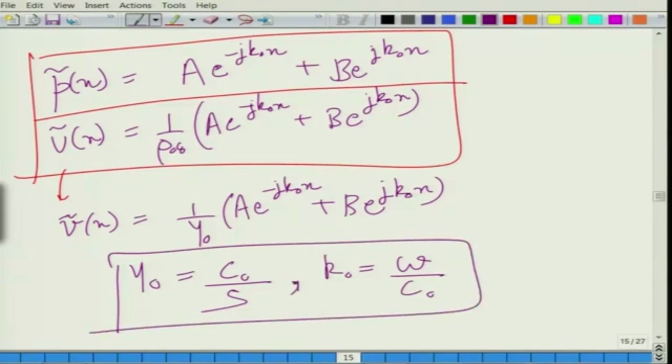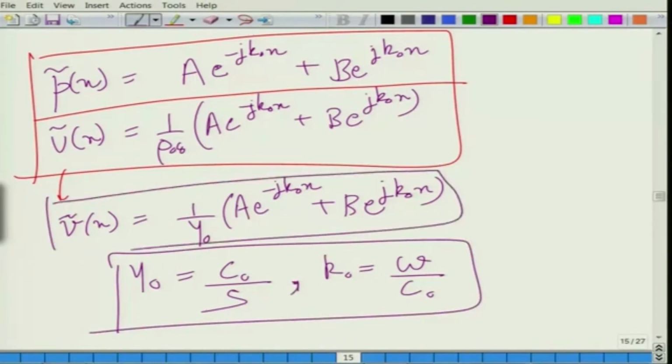We will actually use this relation, this one and this one, to derive certain relationships. Let me call this 1, and this 2.